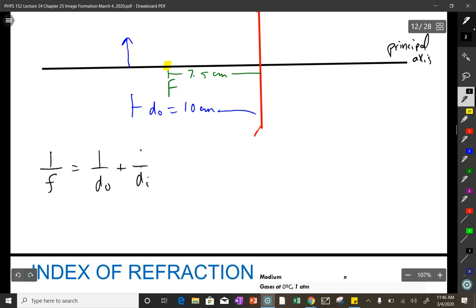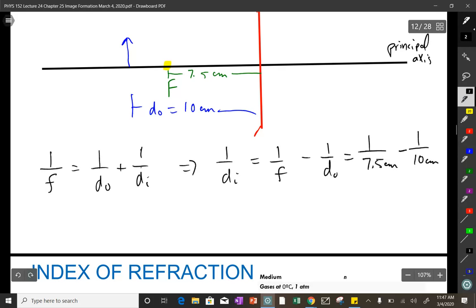So now I look at that mirror equation, and I know what f is, and I know what d_o is. I'm looking for d_i. So if I solve that for d_i, somebody has already done the math for us. And because this is all in centimeters already, we don't have to convert, right?